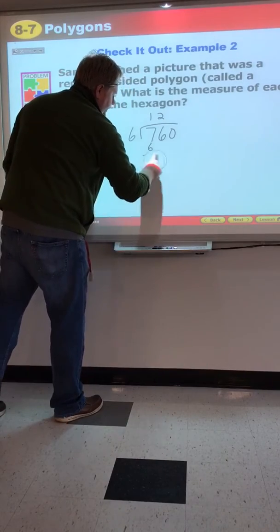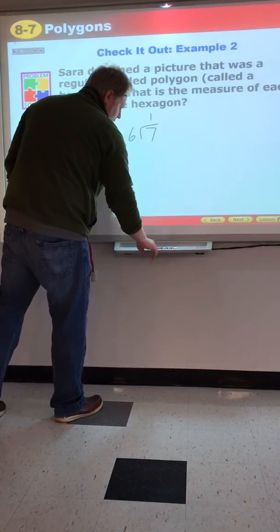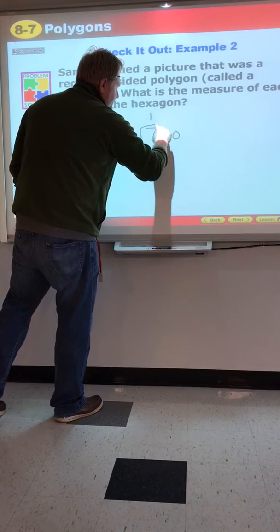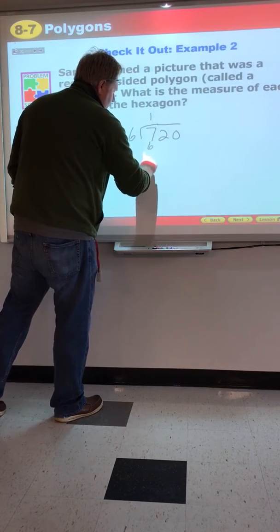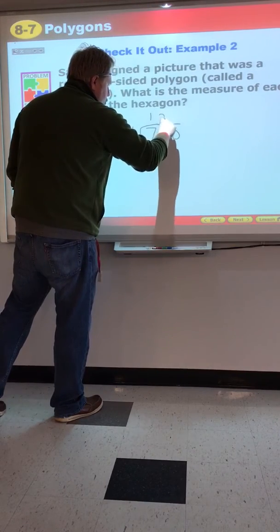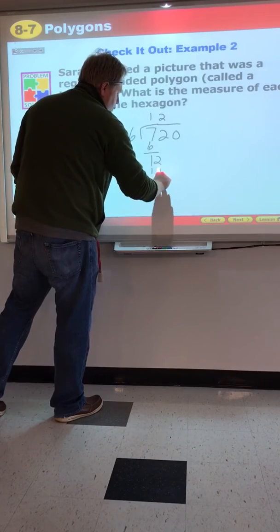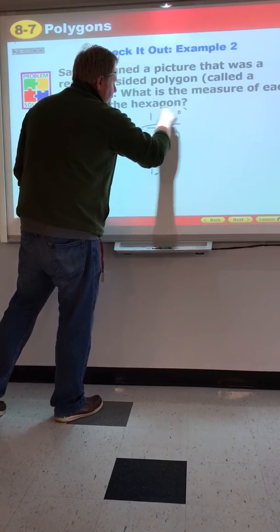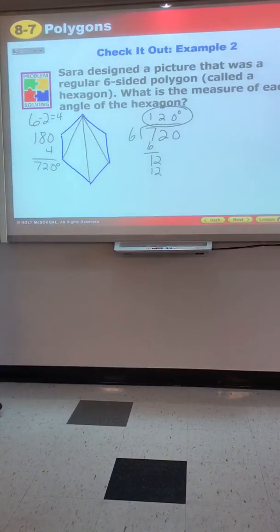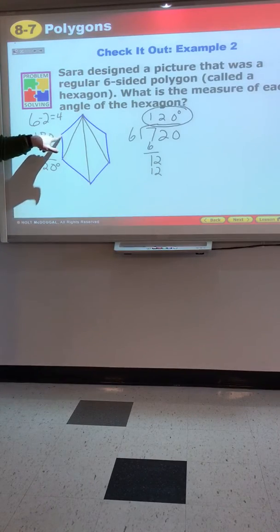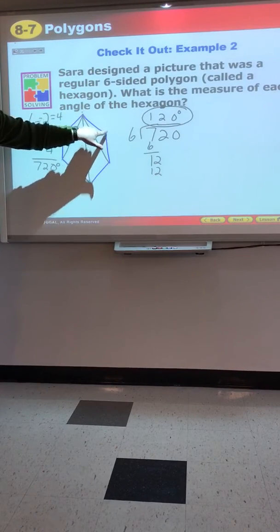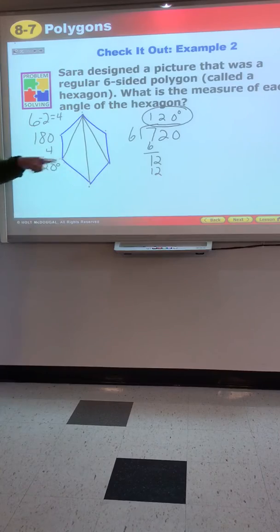Please forgive my error. Should have been 720. I believe that'll make our math a lot easier. 6 goes into 72 twelve times. Placeholder. 120 degrees is each one of these angles. So when we add them all together, we get 720.